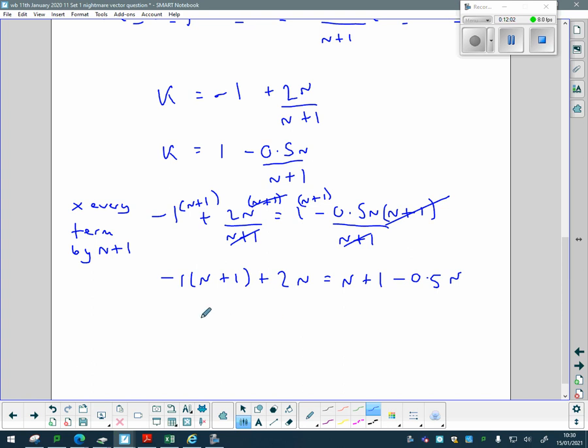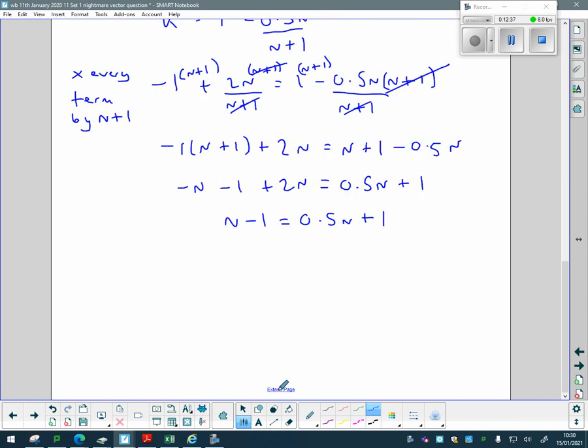Bit of tidying here. Minus n minus 1 plus 2n equals n take a half, that's a 0.5n, plus 1 here. That becomes n take 1 is equal to 0.5n plus 1.